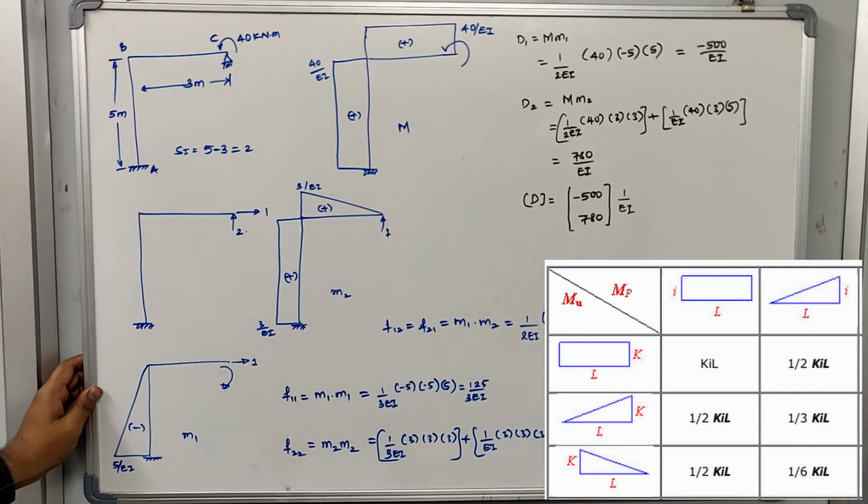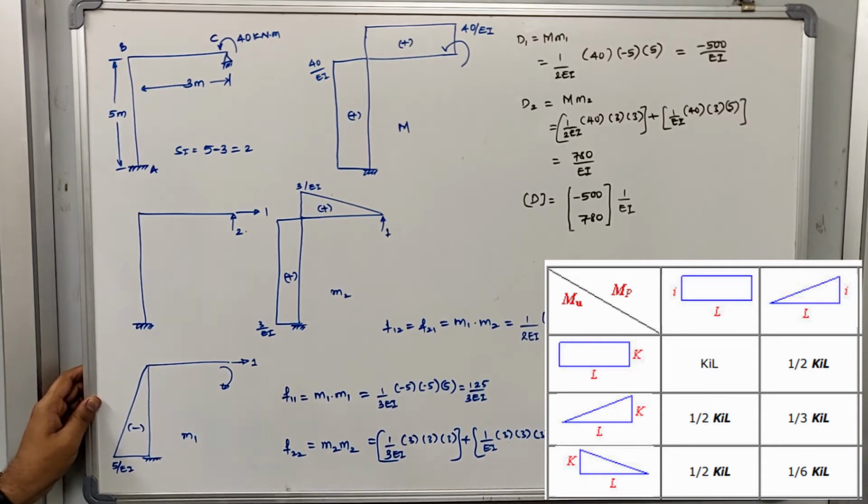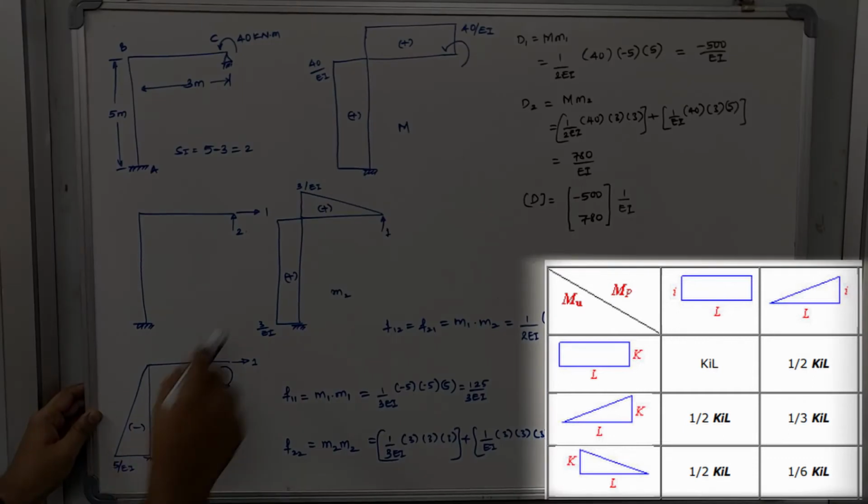Now you can go back and look into the chart. In that chart you can identify that there are columns and rows also. If a rectangle is multiplied by a triangle, you can see an equation.